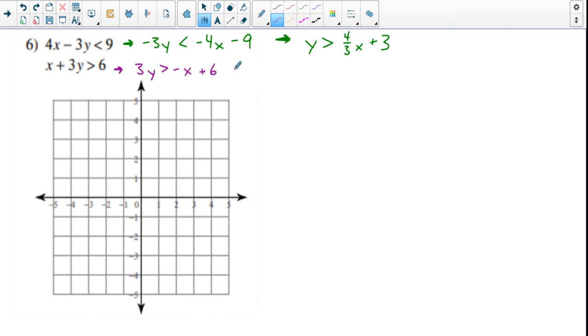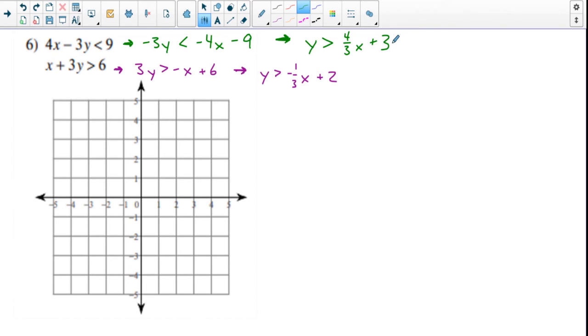And here I don't have to flip the sign because it's not a negative number. So it'll be y is greater than negative 1/3 x. So this is negative 1/3 because I had a negative invisible 1x, and then dividing that by 3, negative 1/3, and then 6 divided by 3 is going to be 2.